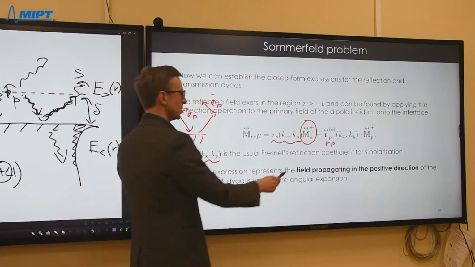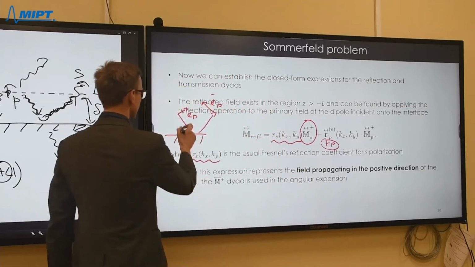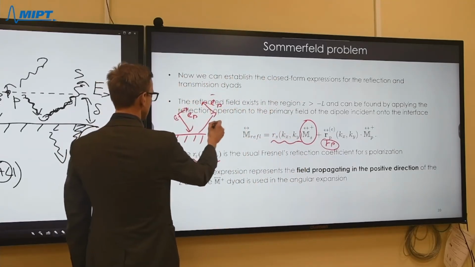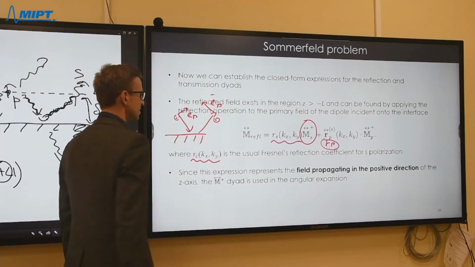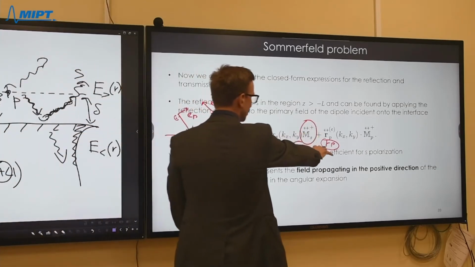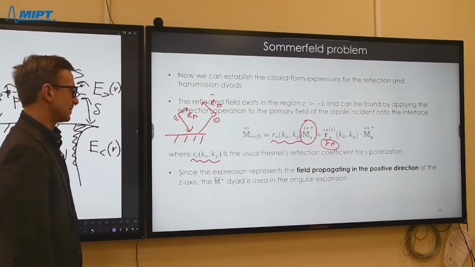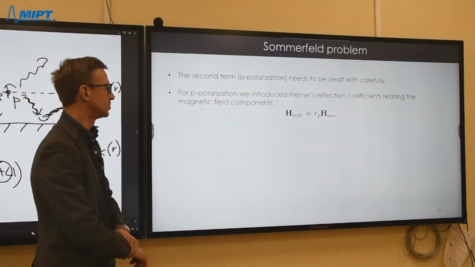But what we only know is the scalar that relates the magnetic field. A magnetic field is very simple. So we're going to derive this tensor from the knowledge of the Fresnel scalar Rp. And this is how we do this.